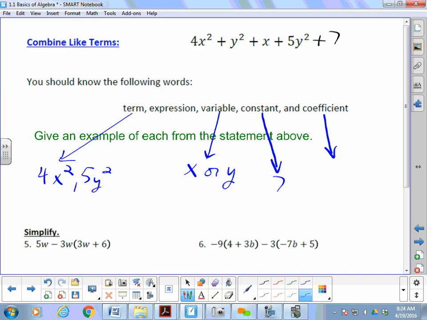All right, Natalie? Right, a number beside the variable, in front of the variable. So in this case, 4 is a coefficient because it's in front of the x squared, and 5 is a coefficient because it's in front of the y squared. Is there any other coefficients up there besides 4 and 5? 1. Yeah, 1 is, okay? Because 1 is the coefficient for the y squared term and the x term. So 4 or 5 or 1.